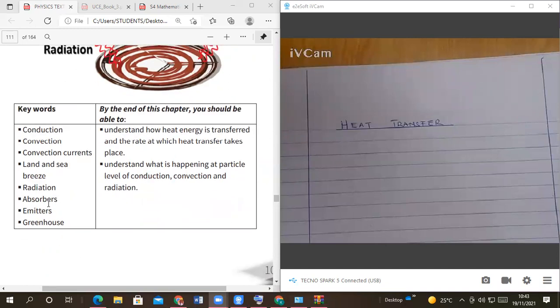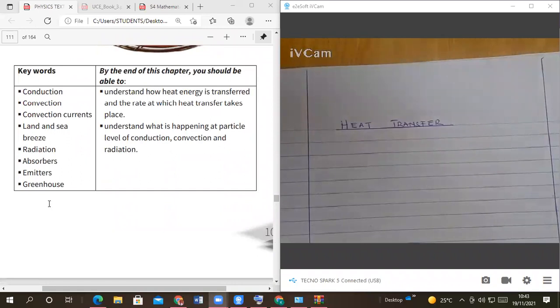We shall also see what causes the sea breeze, and also what causes the land breeze. We shall also look at the absorbers of heat and the emitters of heat. We have seen black things can absorb.